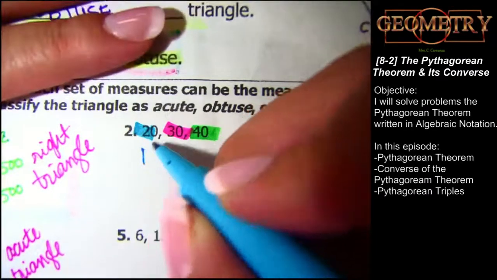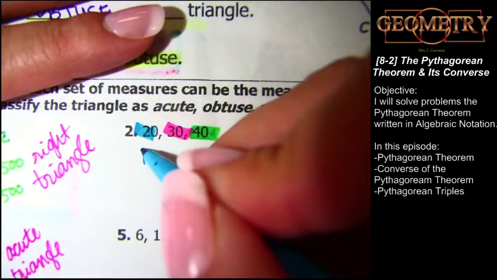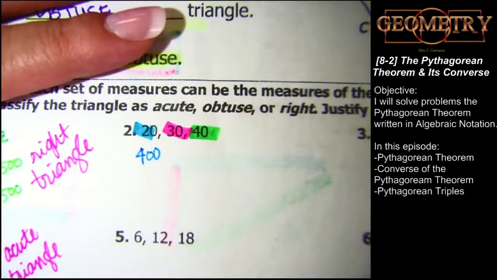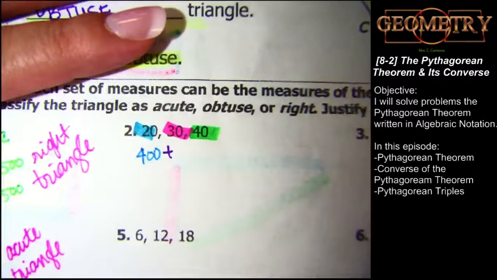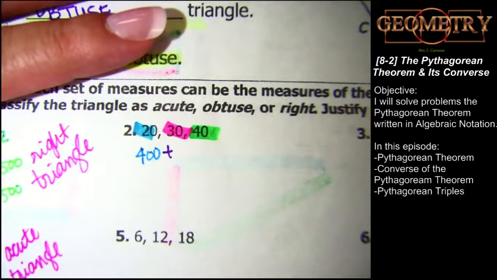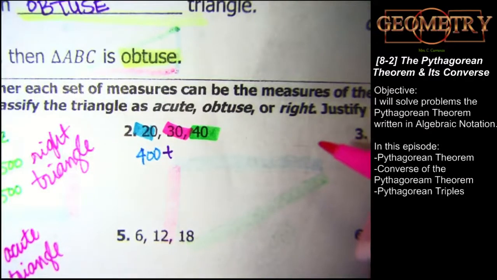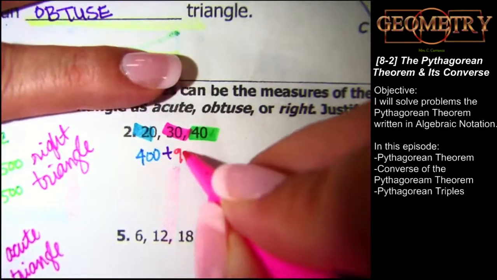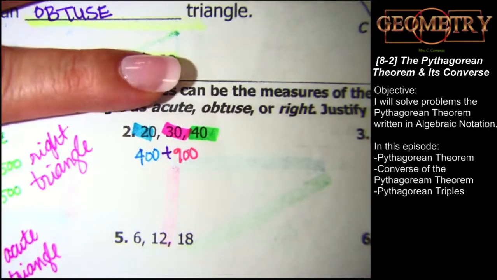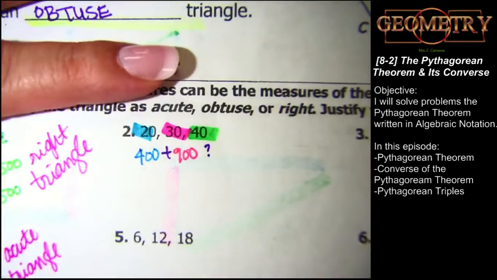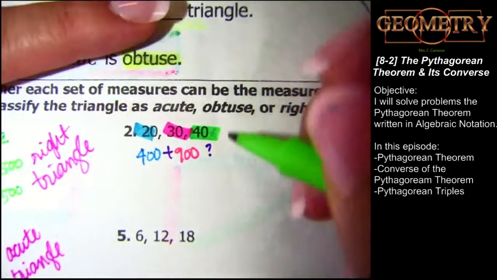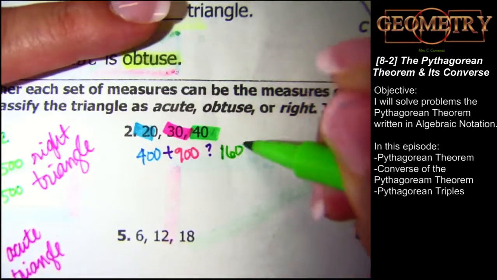What is 20 squared? 400. Doesn't matter with A or B. Correct. A and B doesn't matter. Just C has to be the big one. Some relation to 40 squared, which you told me was 1600.